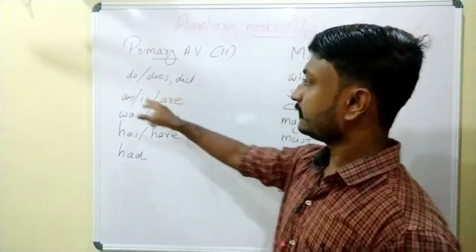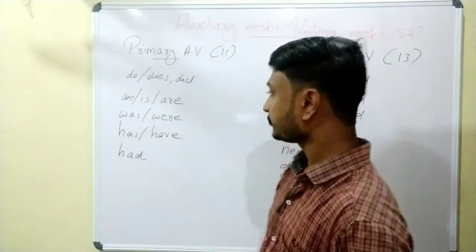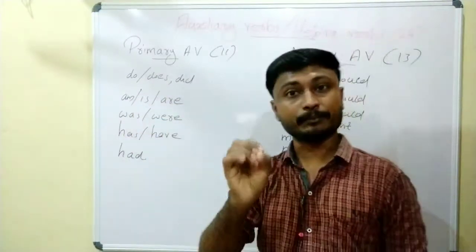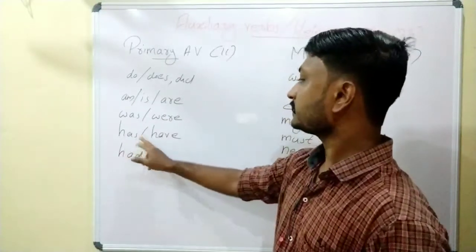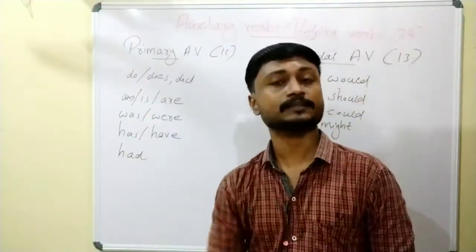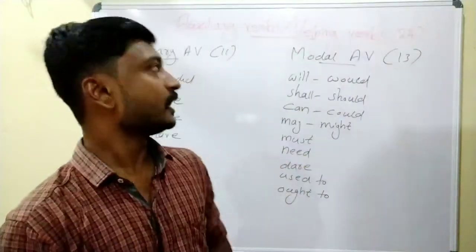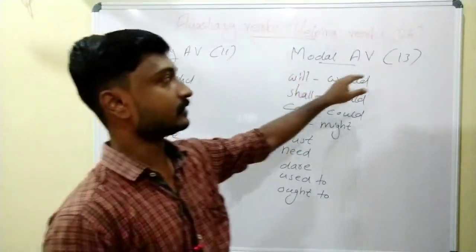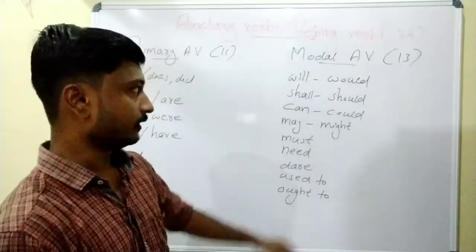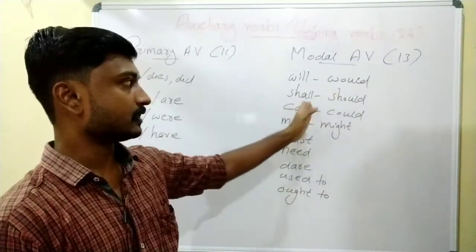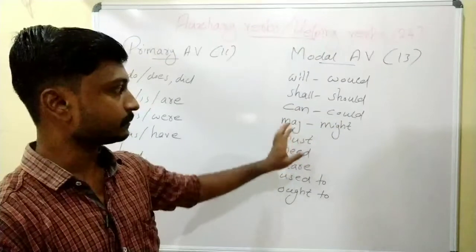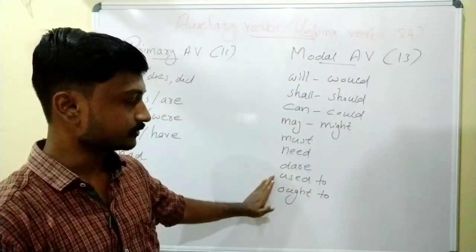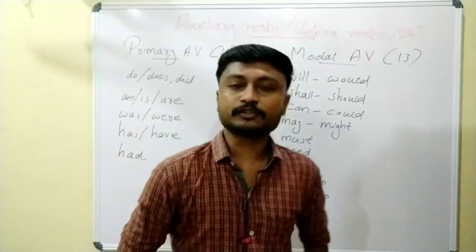Do, does, did is the do family, and am, is, are, was, were is called the be family, and has, have, had is called the has family. Then modal auxiliary verbs. Modal auxiliary verbs are 13 in number. They are will, would, shall, should, can, could, may, might, must, need, dare, used to, and ought to.